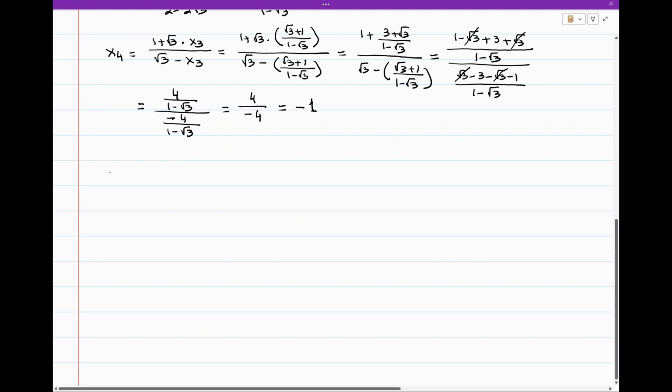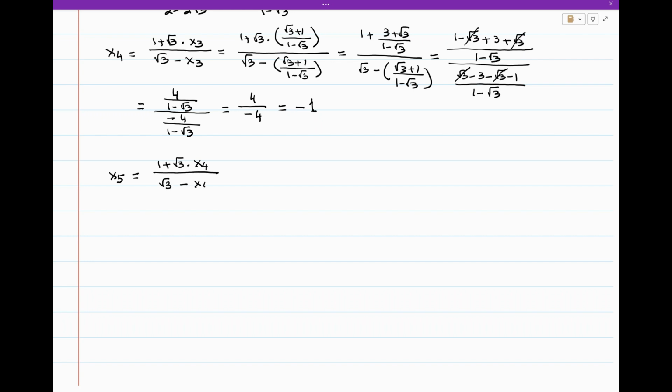Let us now calculate the fifth term x5, that is equal to (1 plus square root of 3 multiplied by x4) whole divided by (square root of 3 minus x4).